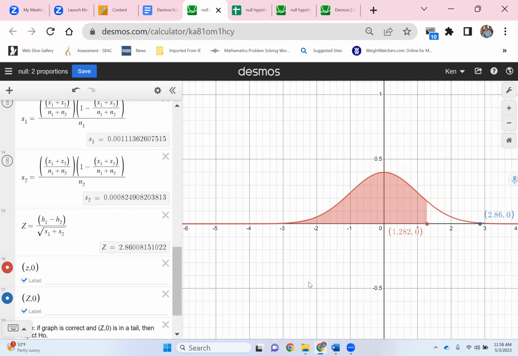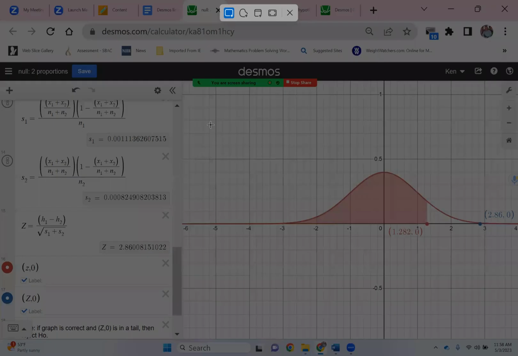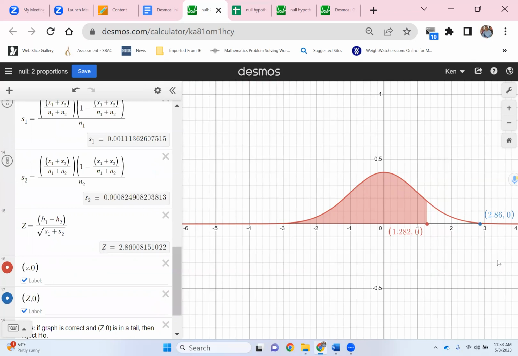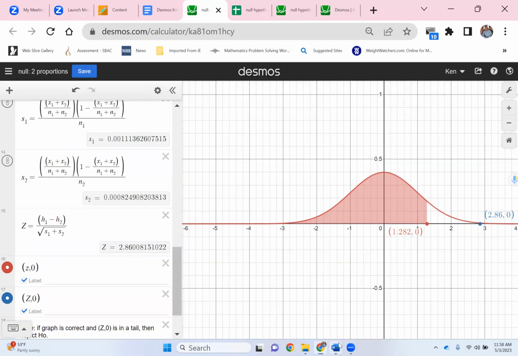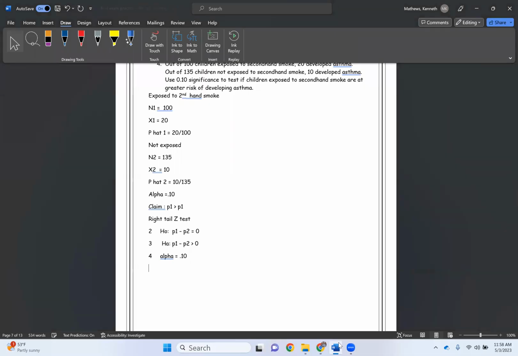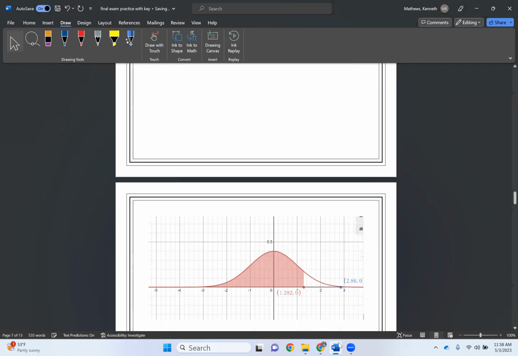I'm actually going to go like this because I can. So this is now steps 5 and 6. Paste it in there.